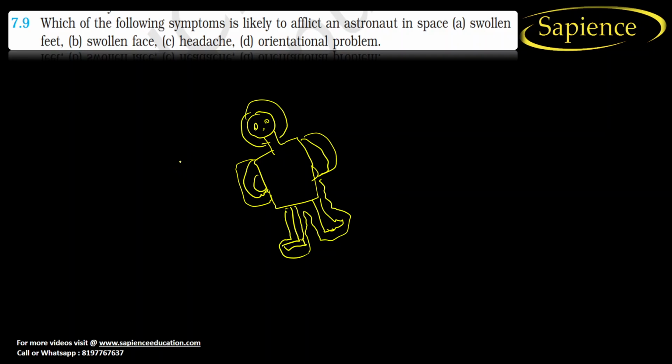Now see here. Which of the following symptoms? It means that an astronaut will face different types of problems. So first, A, swollen feet. Swollen means what?